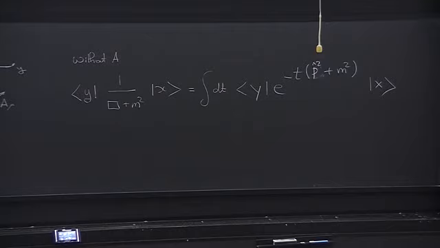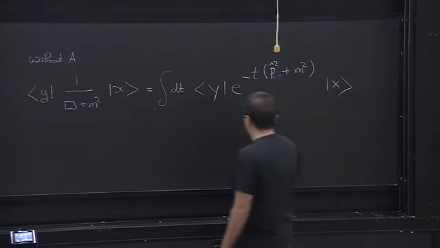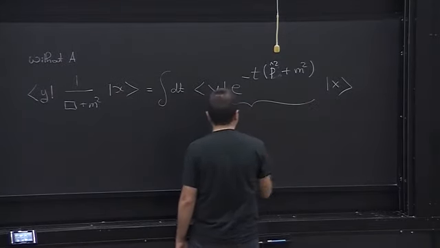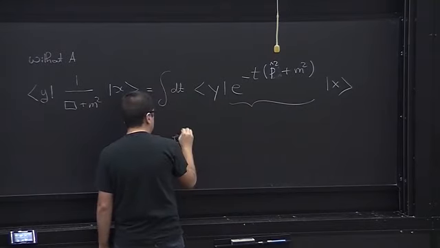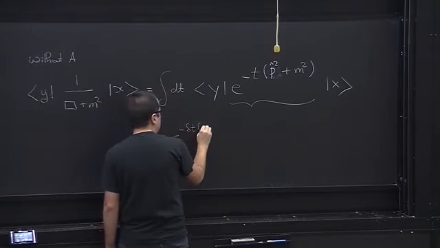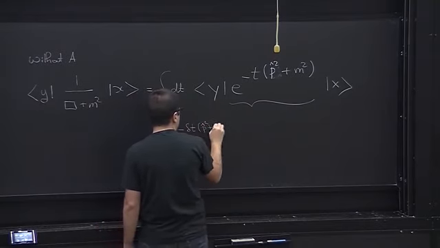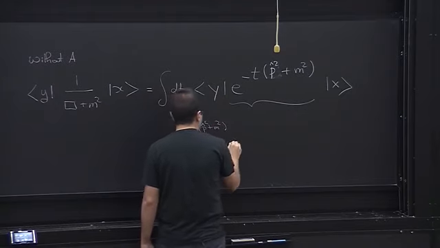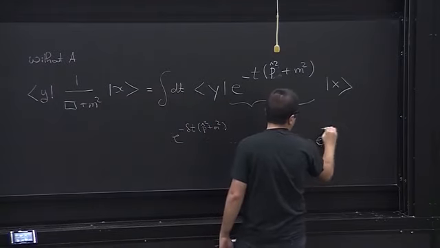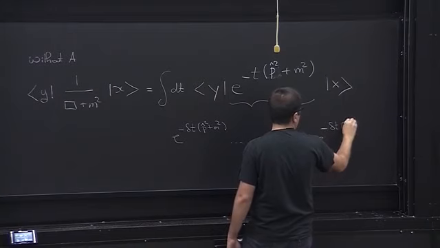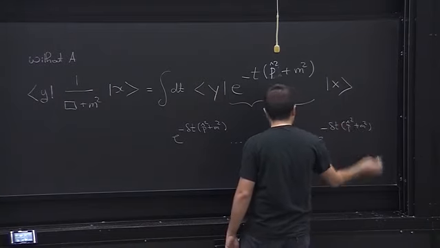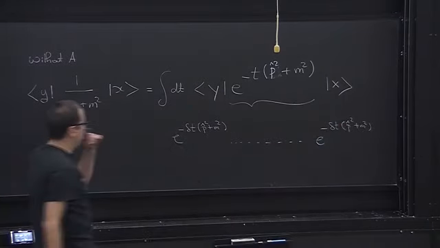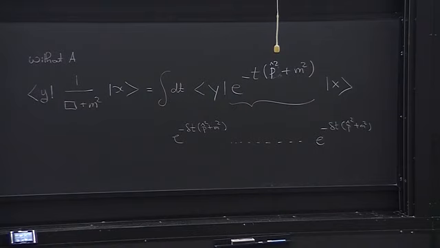Now, what will we do? Let me decompose this into e to the minus delta t times p square plus m square, and let me do it many times. So I'm deriving a path integral representation for this object.